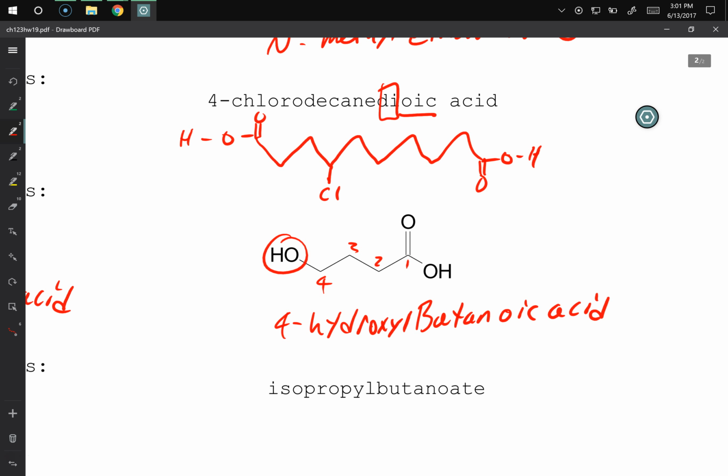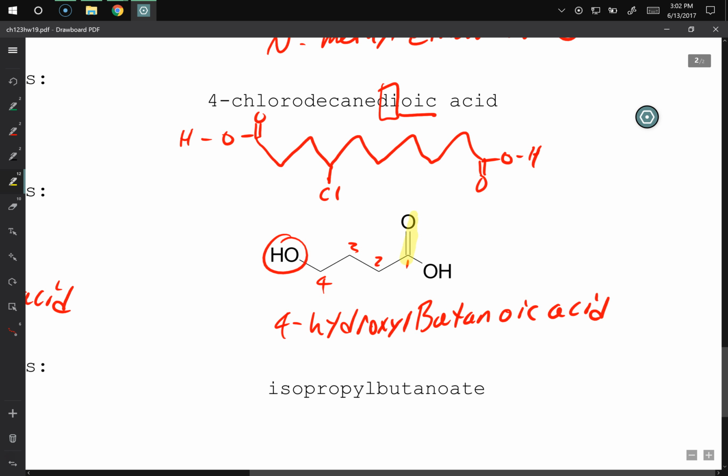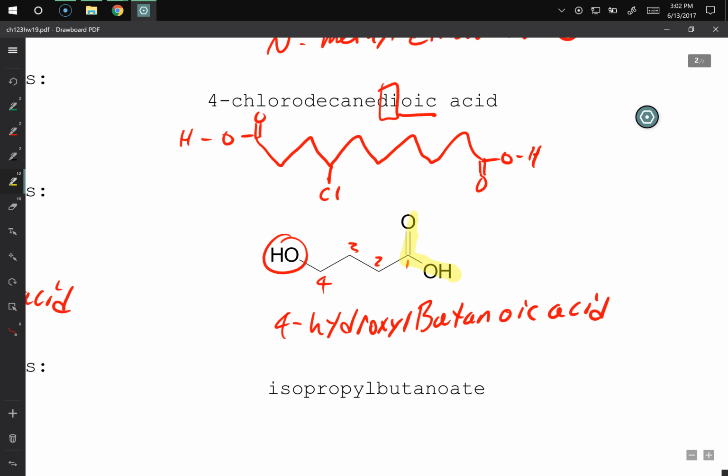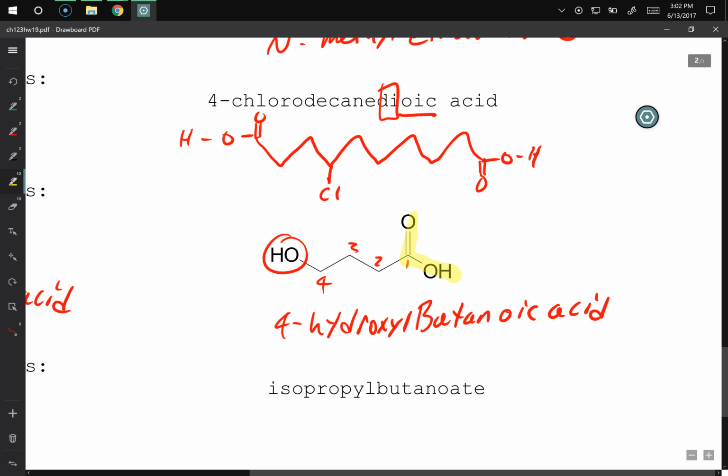If there was a double bond on here, I'd have to name it for the double bond and figure out a way to name the acid otherwise. So why is it hydroxyl, not diacid? There's only one acid, because there's not another O. To have an acid, this is the structure: an oxygen doubly bonded to a carbon, and that carbon has an OH coming off of it.